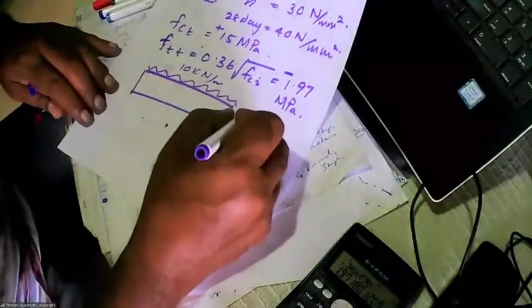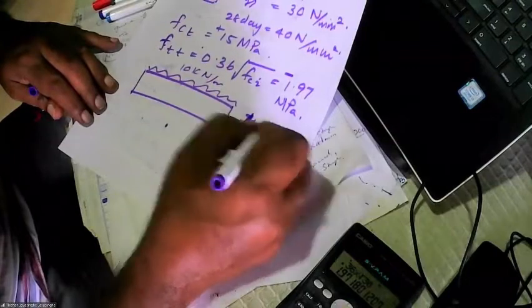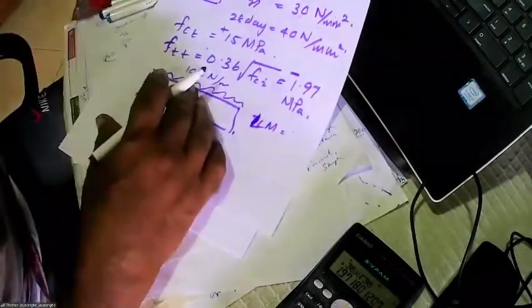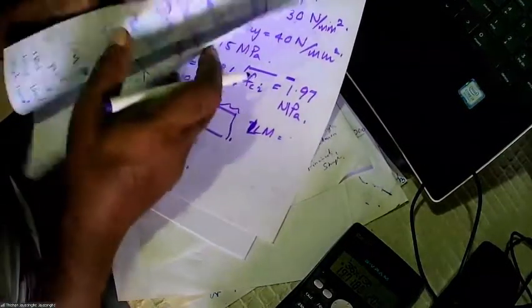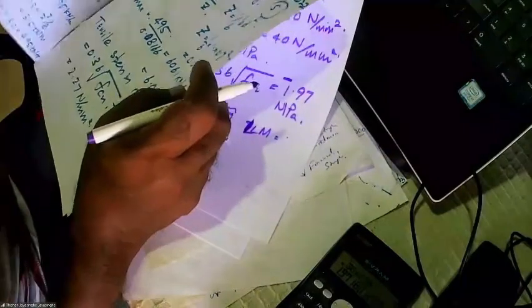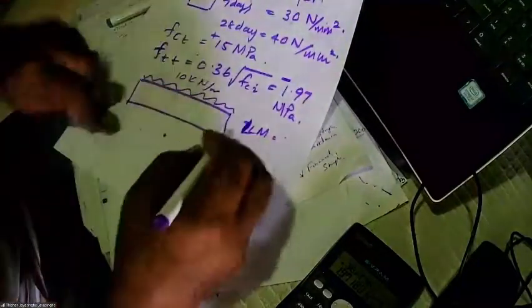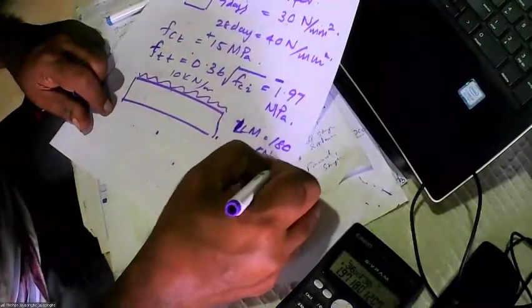So the dead load moment, and the live load moment we calculated as 180. So we have 180 kilonewton meters. That is the live load moment, ML.